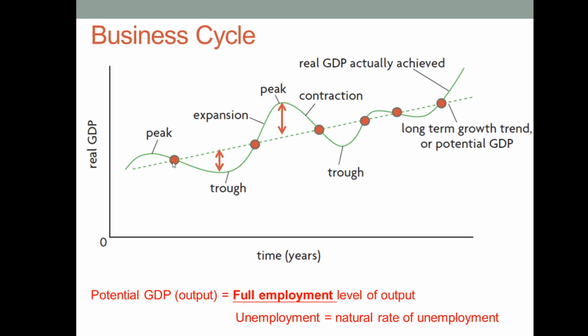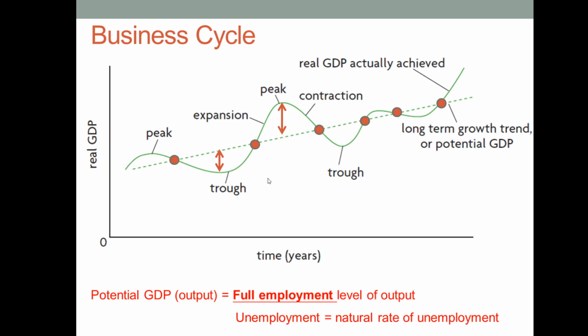If you are not reaching the potential output, you are going to see some gaps. So here, the distance between your potential output and the actual output that you are producing is the gap. This is the gap here, and this is the gap here.